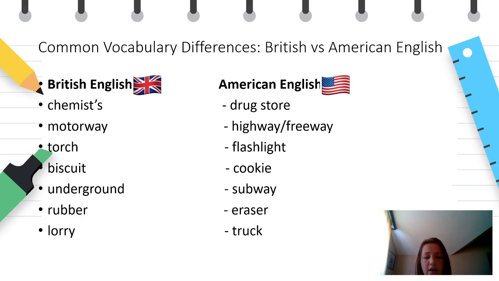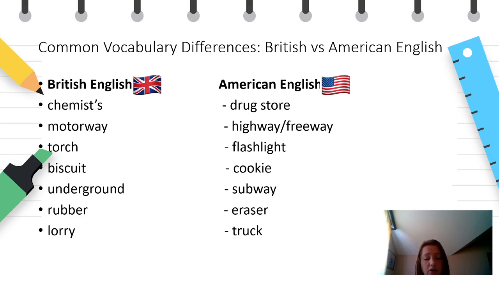I took the underground to midtown, or I took the subway to midtown. So underground is a railway system where the trains travel below the ground. In the UK, rubber is the proper word for what Americans would call an eraser. So rubber, eraser.